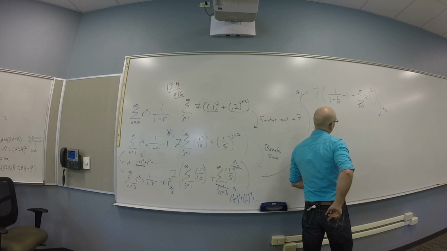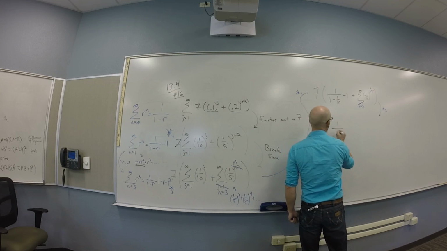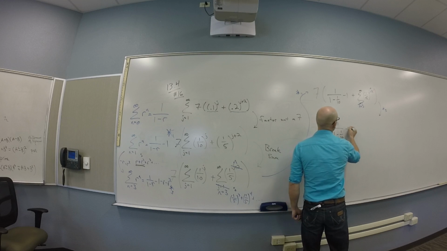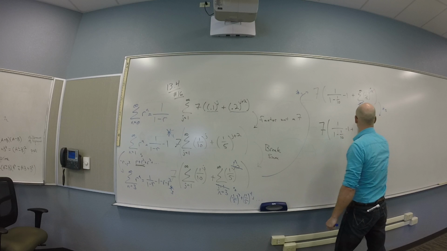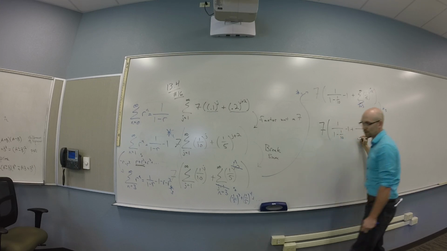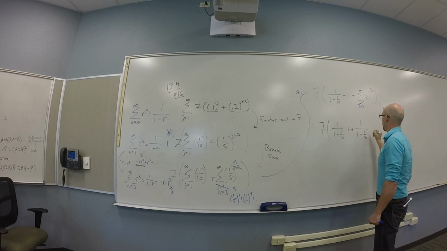And so I should get all told here 7 times 1 over 1 minus a 10th, minus 1, plus, and then I need 1 over what? 1 minus 1/5, minus a 5th, minus a 25th.